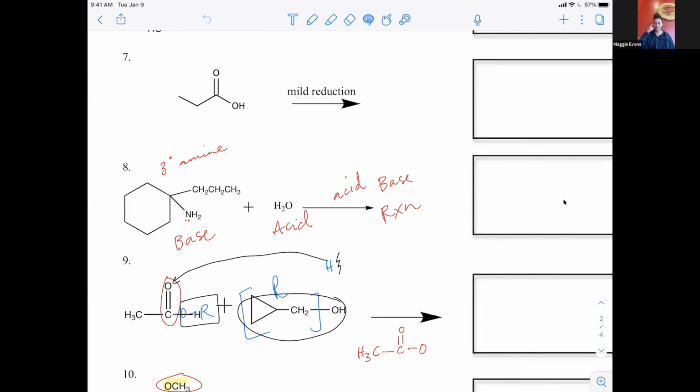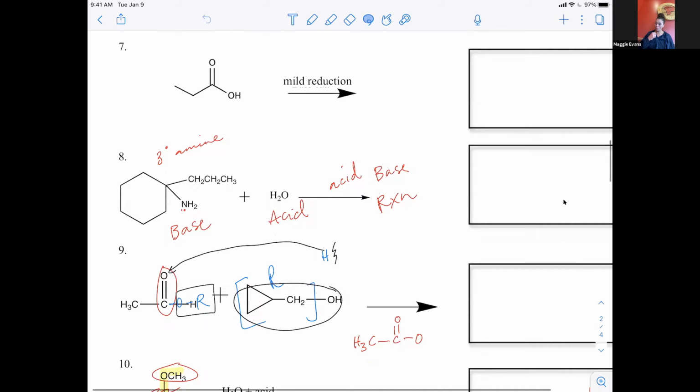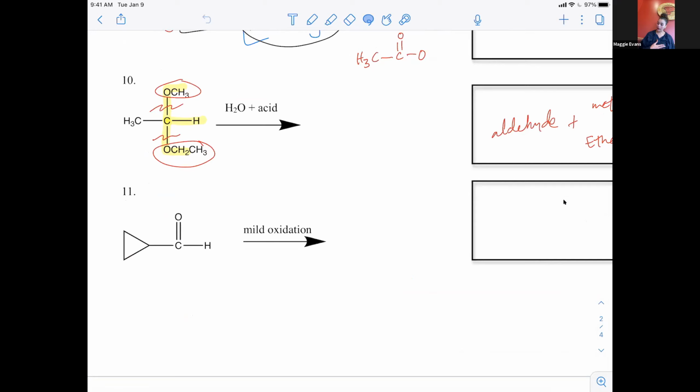Maggie? Okay, so number 11. Will that one be similar to number 9? Will we have to flip that? I didn't flip mine. All right, so we got an aldehyde here, right?